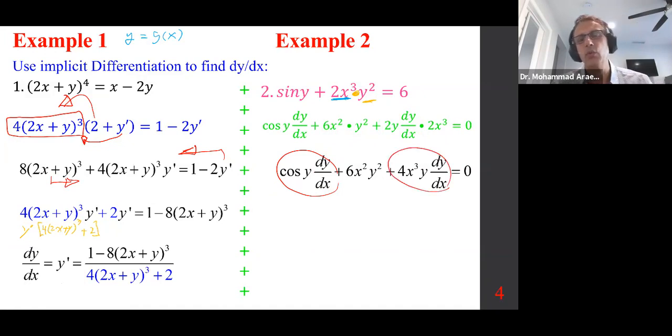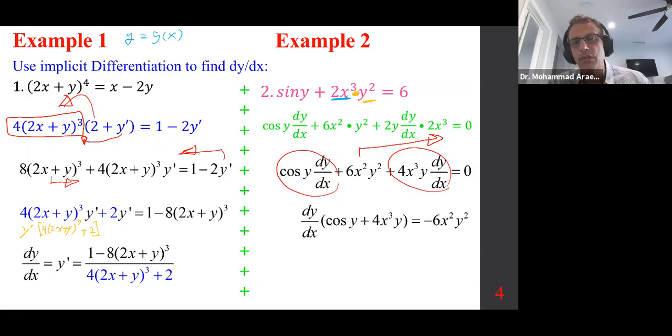And factor out the dy/dx, which gives us dy/dx times (cosine y plus 4x cubed y), and move positive 6x squared y squared to the right becomes negative. Divide both sides by the parentheses, and you're done.